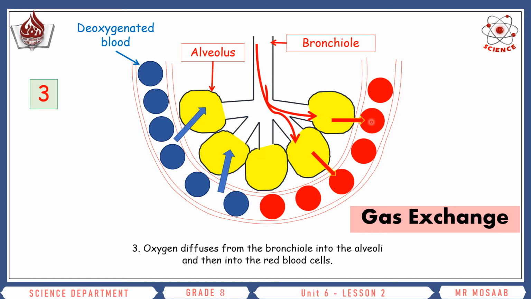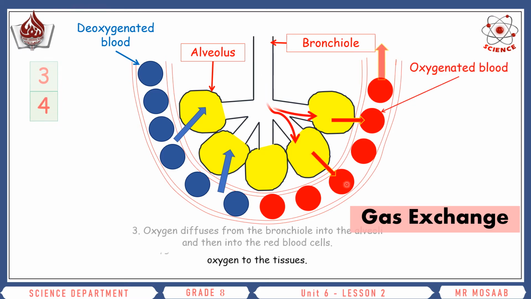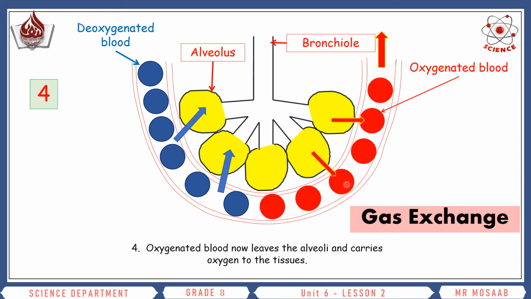The same concept: oxygen is in high concentration in the alveolus and diffuses to low concentration in the blood. So oxygen moves from air into the bronchiole, into the lungs, from the bronchiole into the alveolus, then diffuses into the bloodstream. Finally, the blood becomes rich in oxygen.